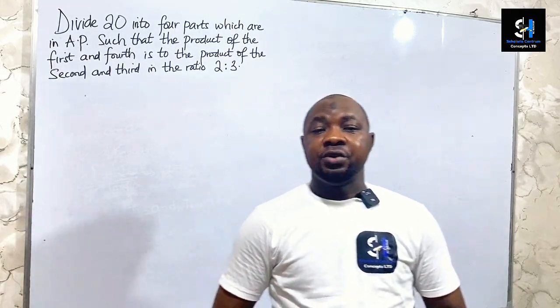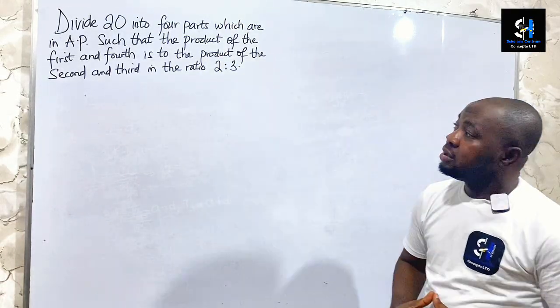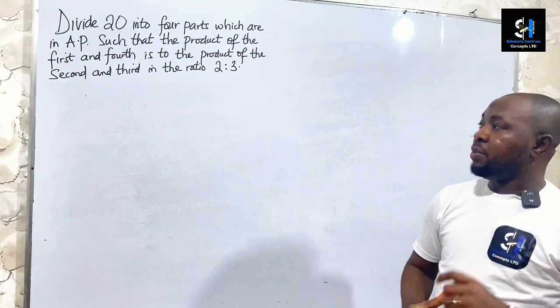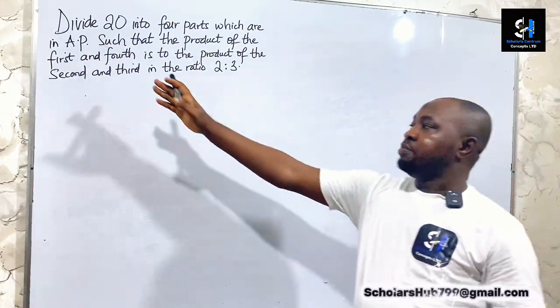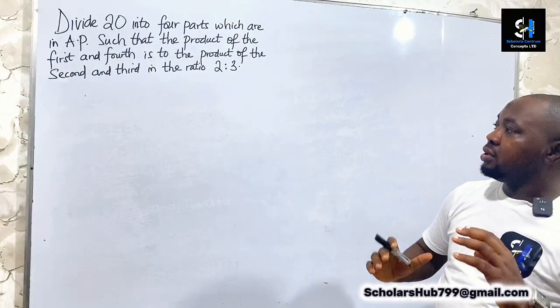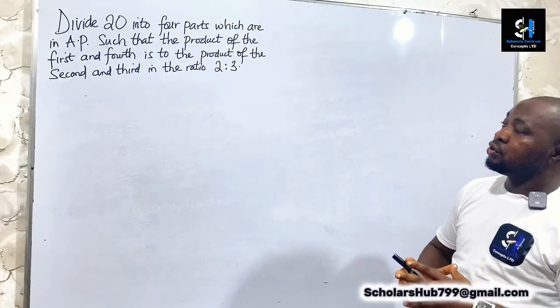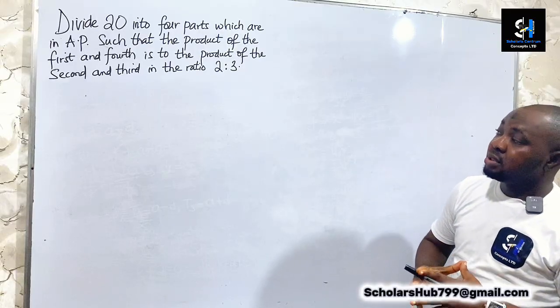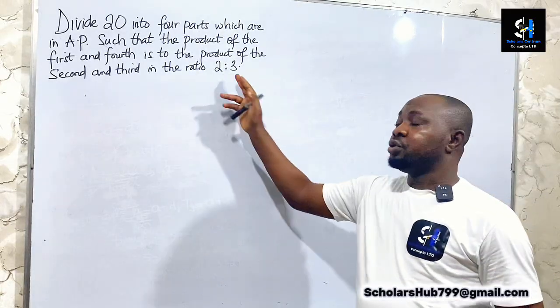Welcome to another video. Let's divide 20 into 4 parts which are in AP such that the product of the first and the fourth term is to the product of the second and third term in the ratio 2:3.